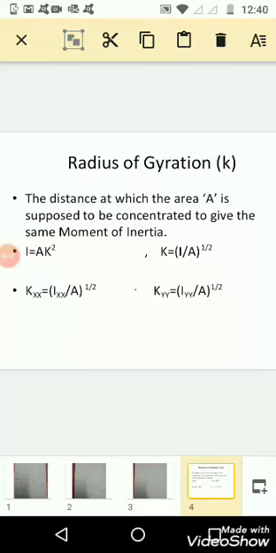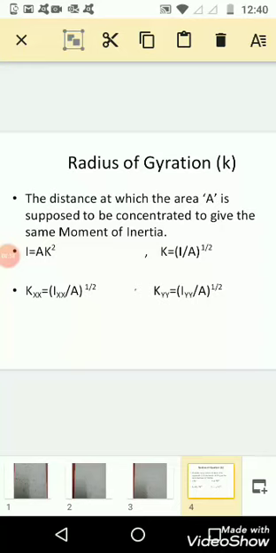I is equal to A k square. K is equal to under root I divided by A. Similarly, kxx is equal to under root Ixx divided by A. Similarly, kyy is equal to under root Iyy divided by A.